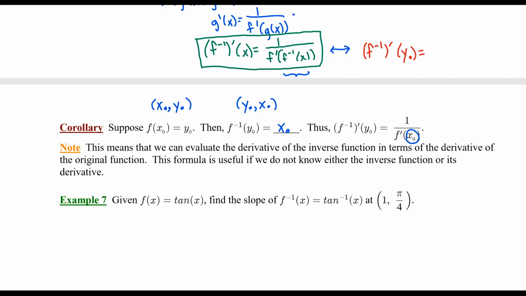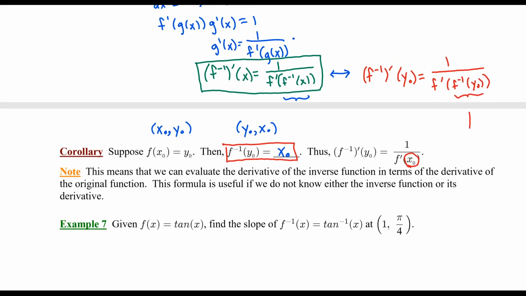This is going to be 1 over f prime of f inverse of y naught. So the reason that the argument of f prime looks different than the argument that we have here is because we're coming back over here and observing that f inverse of y naught is equal to x naught. So f inverse of y naught simplifies to x naught.